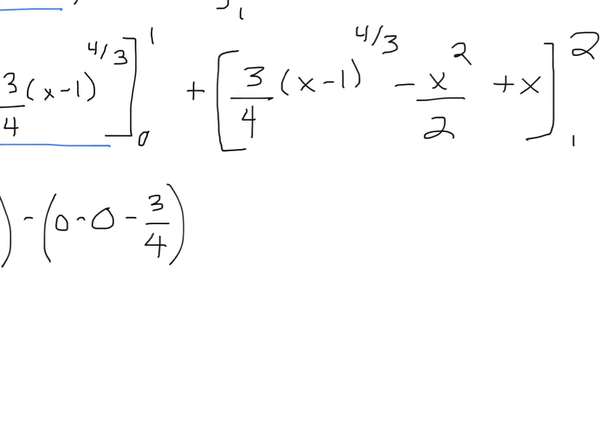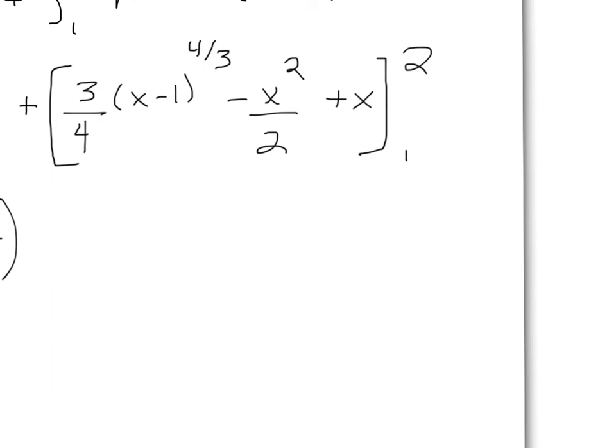Let's swing on over here, and we'll evaluate this thing at 2. We'll put a little plus sign in between. When x is 2, this first term, I'll have 1 to the 4/3 times 3/4, so 3/4, minus 2 squared over 2, so that's 2, plus 2, minus this thing evaluated at 1.